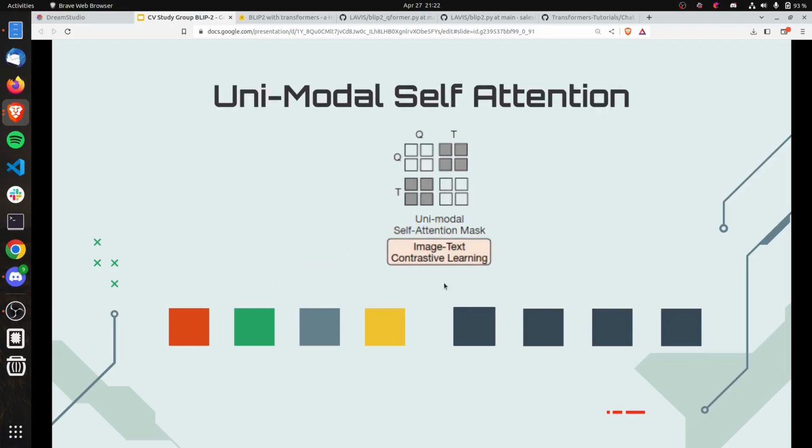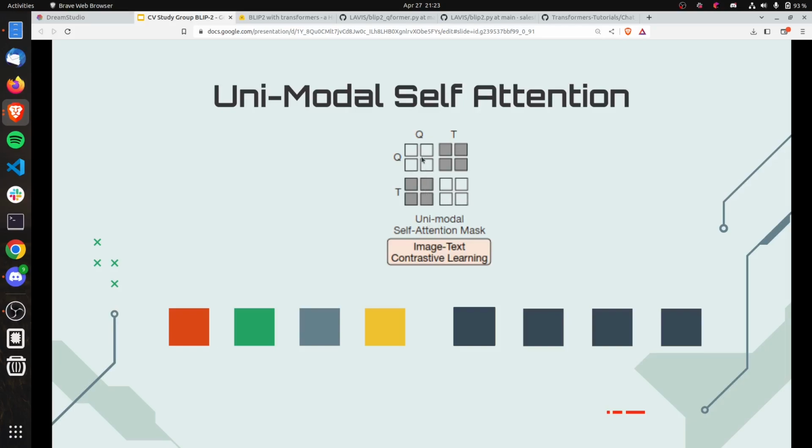So now we've talked about the masks that they are using in their self-attention. And the one they're using for the image text contrastive learning is called unimodal self-attention. Okay, so here they've got these diagrams in the paper. And I really looked at the diagrams and thought, okay, what do they want to tell me here? Actually, it's quite simple.